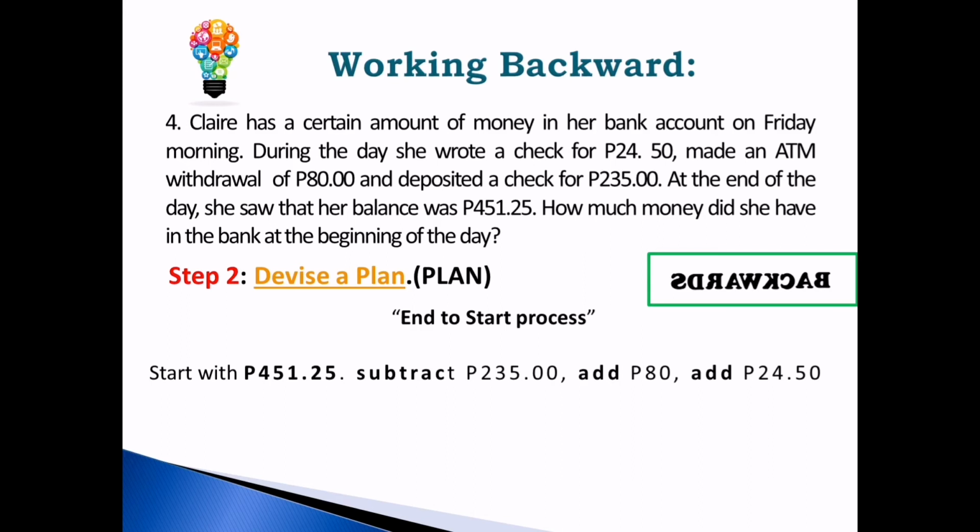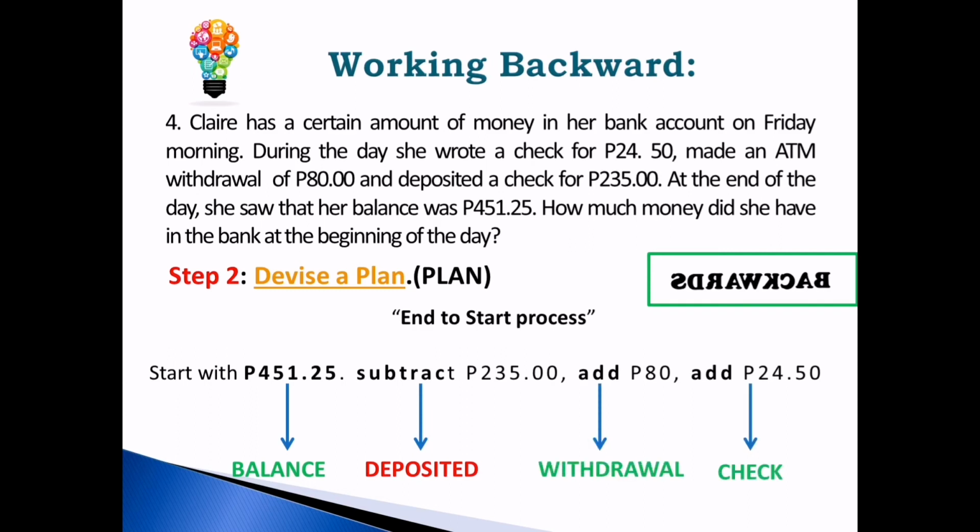These are the process for you to solve the amount of money she had at the beginning of the day, that Friday morning. So this is the balance deposited, this is withdrawal, and this is check.